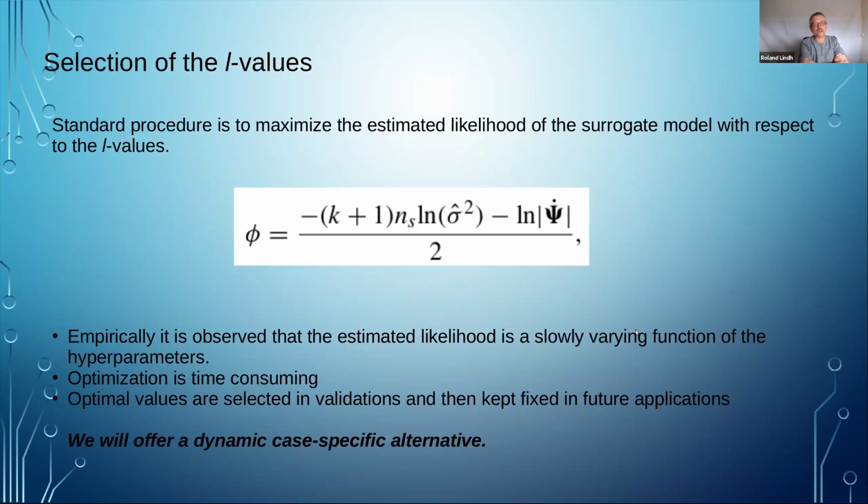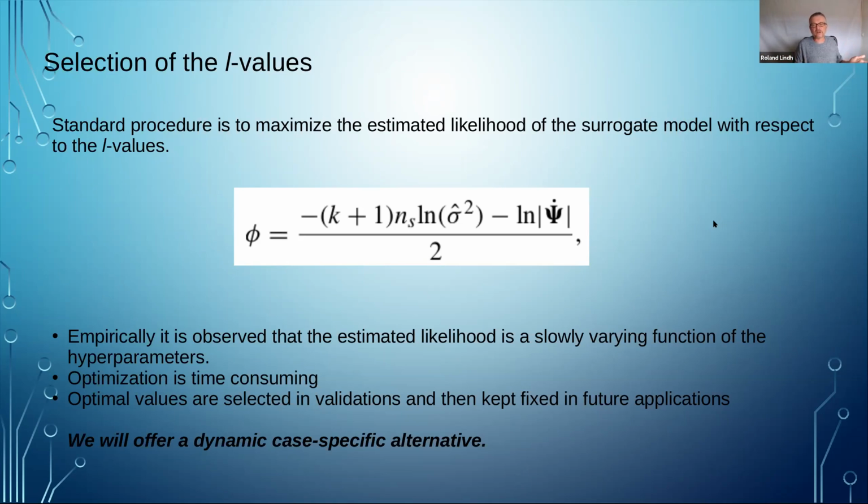One interesting thing is how to decide these L values. And this is done by optimizing or maximizing something that is called the likelihood. That is the most likely correlation between the surrogate model and a real surface. This is what most people do.